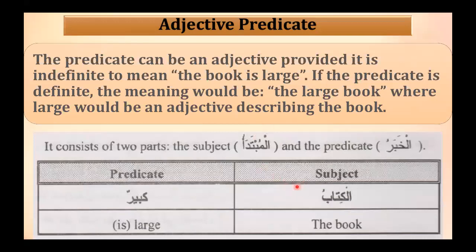All right. Now, the other thing here is, again, we pointed this out to you before, that when I say al-kitabu kabirun, this is indefinite. The book is large, kabirun. Why is it important to observe that kabirun is indefinite?